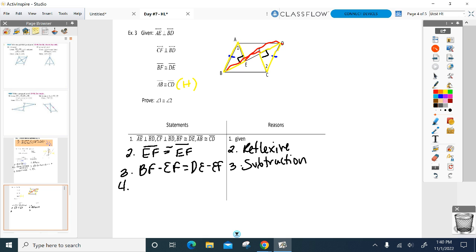Everyone all right so far? All right, I'll take the next step, because we always know substitution comes next. And that substitution is used to say BE congruent to FD.